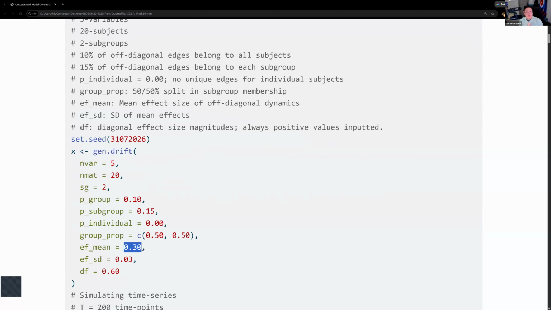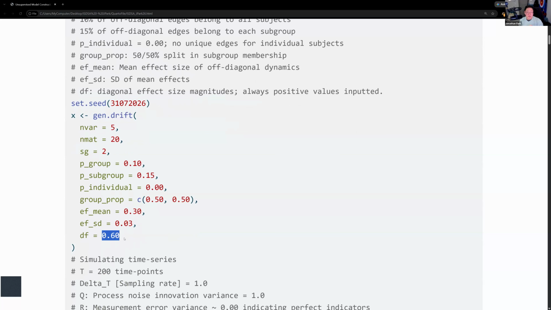And then this df is the diagonal effect size, or the effect size of our continuous time analog for the autoregressive coefficient. In this case, it's set to 0.6. You would use a positive number here because my function automatically inserts the negative for you. This is a relatively strong autoregressive effect, and our cross dynamics are relatively weak.